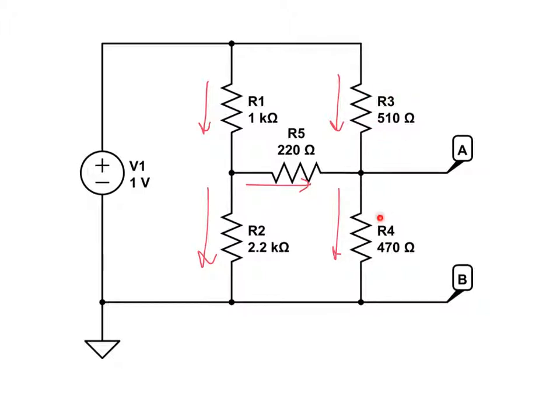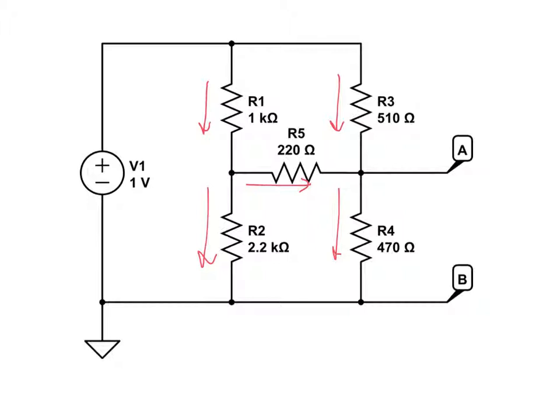And R3 and R4 will not necessarily share the same current, therefore they are not in series with each other either. As this example illustrates, there are certain cases where simply using the method of equivalent resistance will not allow us to completely solve the circuit.